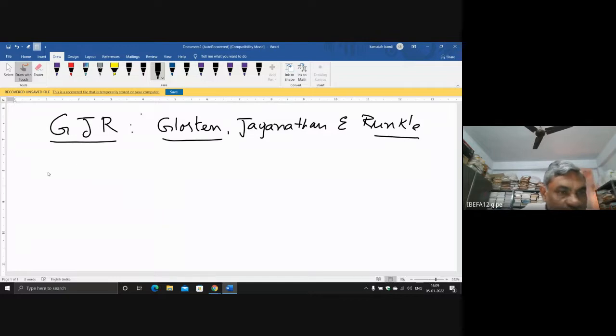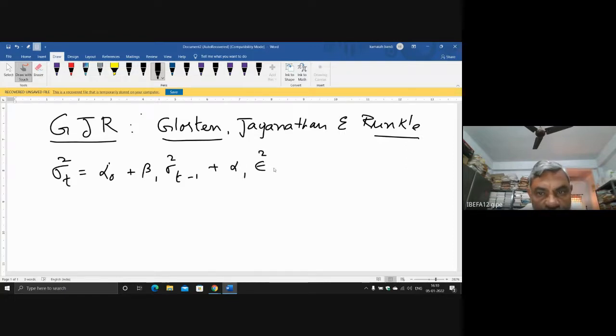So the conditional variance equation here is that sigma square t is specified as alpha 0 plus beta 1 sigma square t minus 1 plus alpha 1 epsilon square t minus 1 plus alpha 2 epsilon square t minus 1 multiplied by I t minus 1.